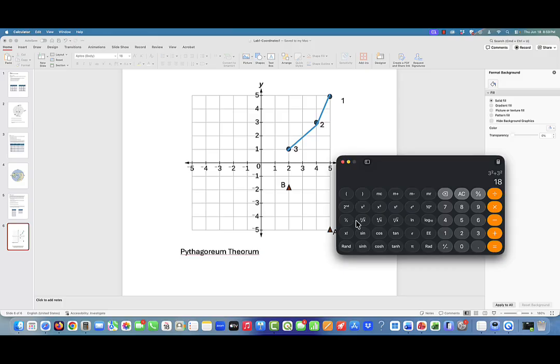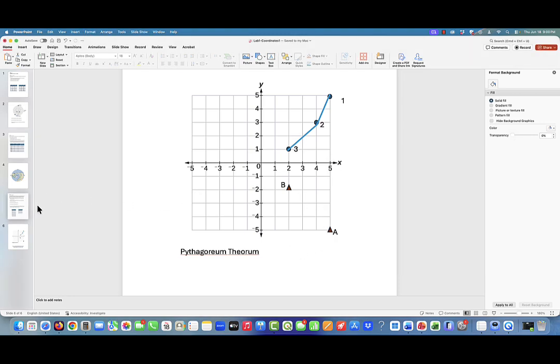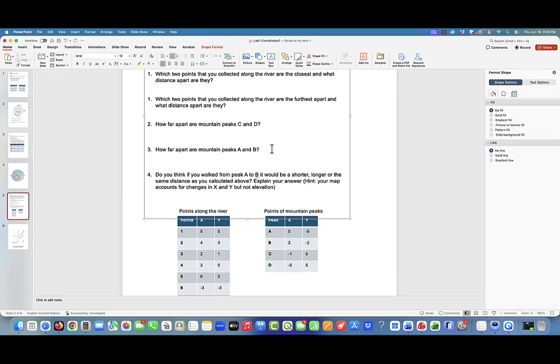That equals 18. Then if we take the square root of 18, this is the scientific calculator here, and you look for this thing that looks like an X with a little house over it, and a 2, that means we're taking the square root. If we take the square root of 18, that gives us 4.2. So the distance between A and B would be 4.2, and you would report that over here.